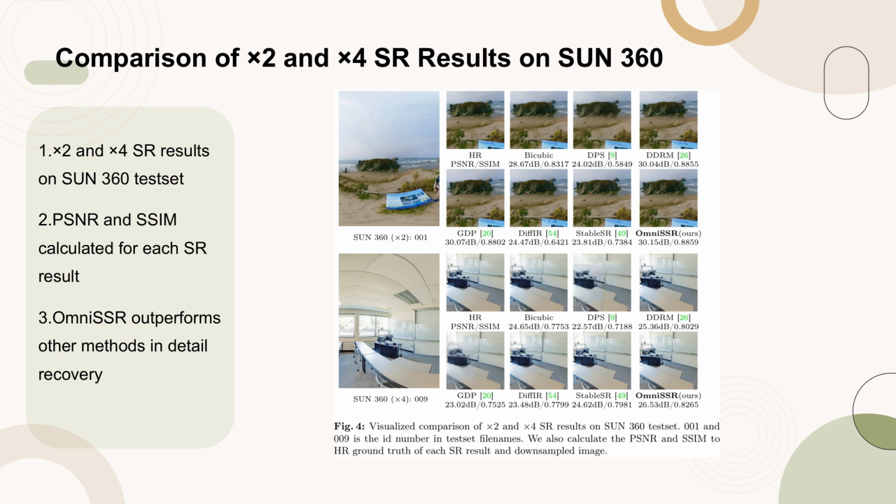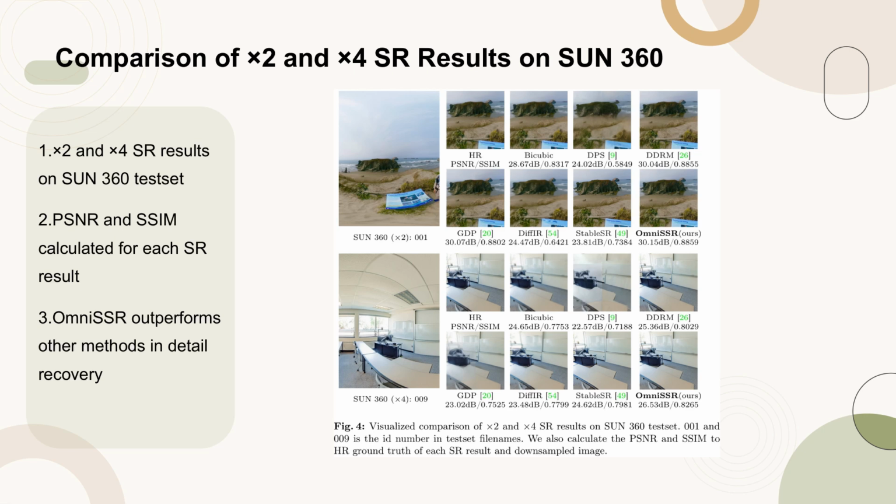set. The images 001 and 009 are identified by their ID numbers and the test set file names. For each SR result and the downsampled image, the peak signal-to-noise ratio (PSNR) and structural similarity index measure (SSIM) are calculated against the high-resolution (HR) ground truth.